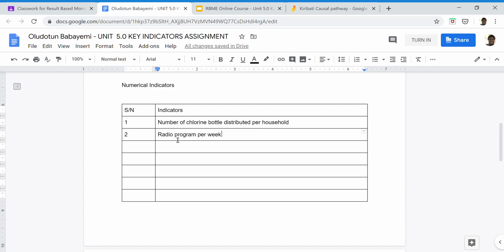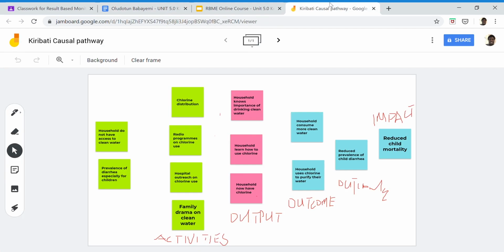So I want to know the number of radio programs per week. That's what it means. We can say 3.